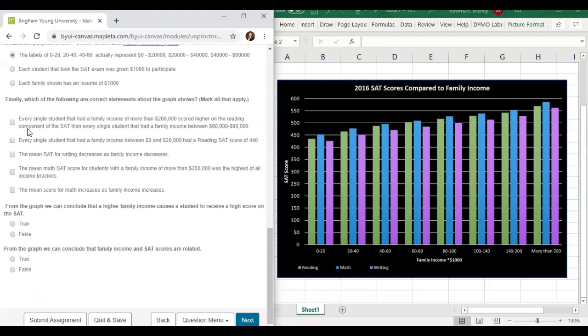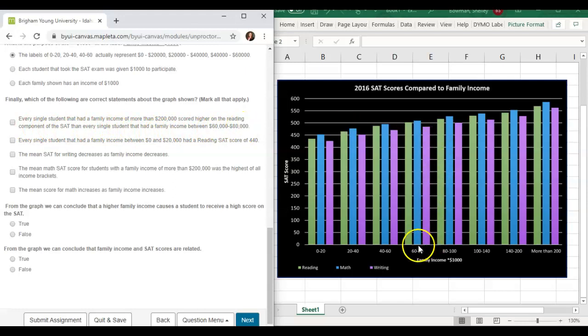Next, finally, which of the following are correct statements about the graph shown, and mark all that apply? The first one, every single student that had a family income of more than $200,000 scored higher on the reading component of the SAT than every single student that had a family income between 60 and 80.